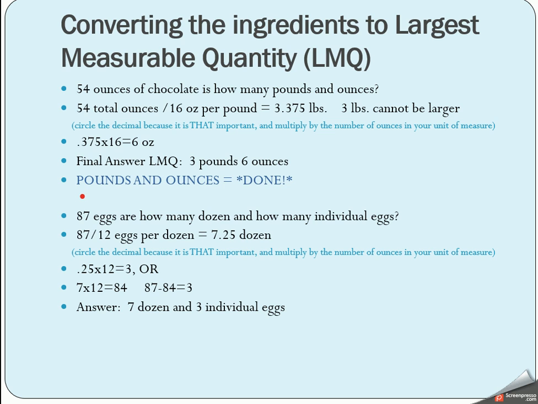So I can take that 0.25 and multiply it by 12 and get 3 eggs. Or I can take 7 dozen times 12 and get 84, and then subtract 84 from 87, which would give me 3 individual eggs remaining. So either way works for me, and I hope it also works for you.